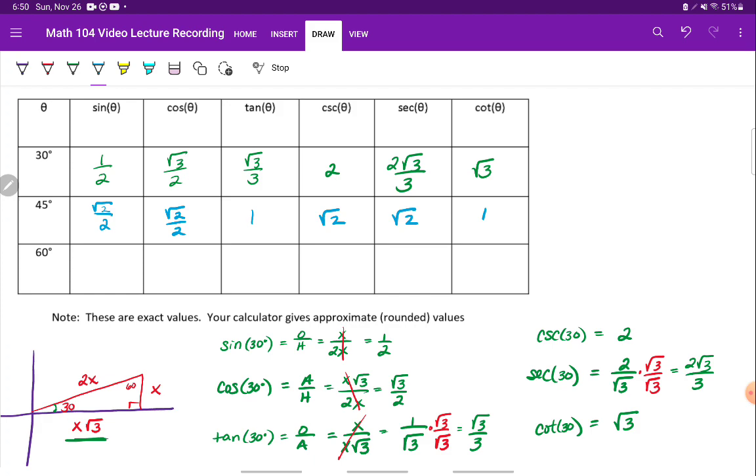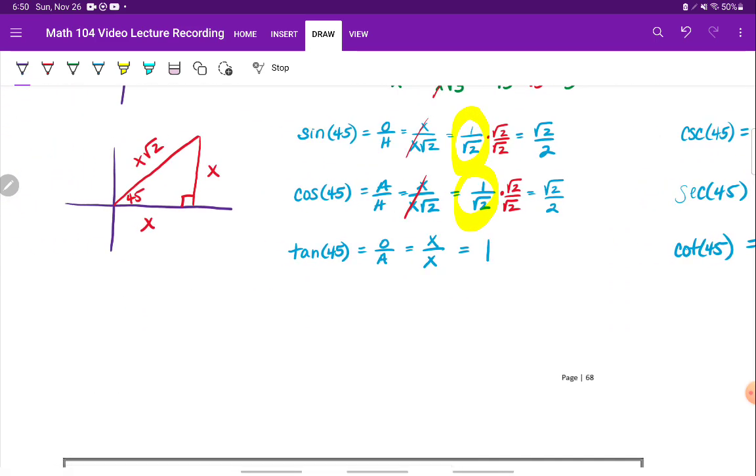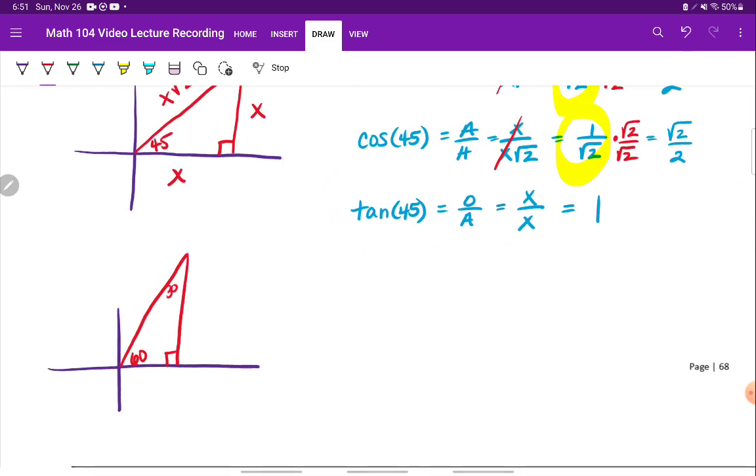One more to do, this time when theta is equal to 60 degrees. So we draw in our angle 60 degrees. Drop a perpendicular down to the x-axis, creating this 30, 60, 90 triangle.